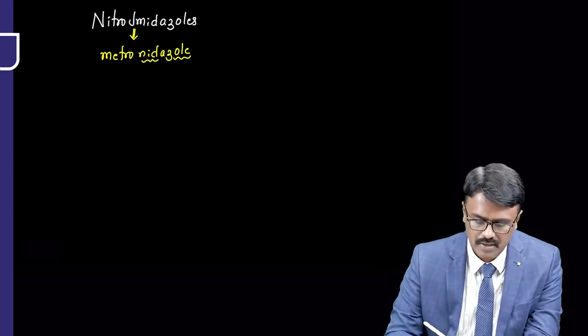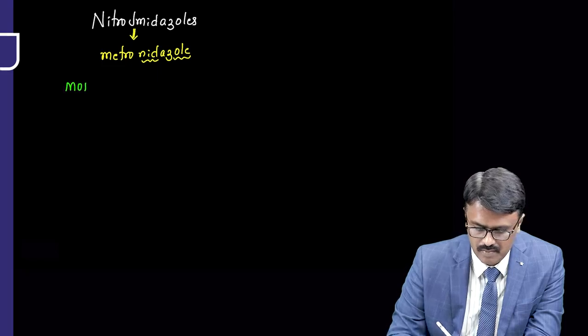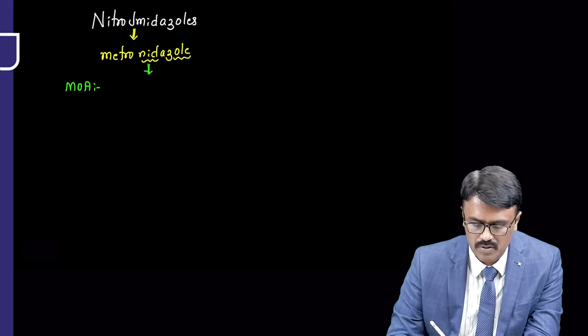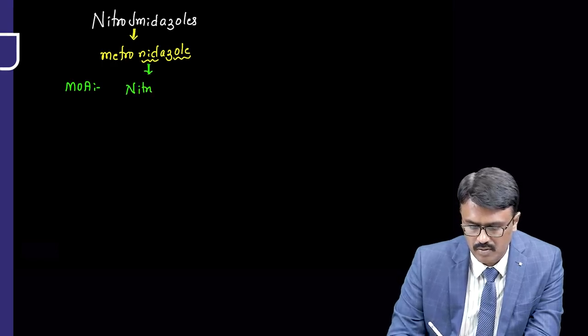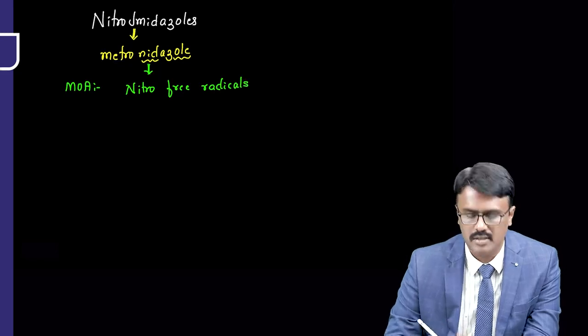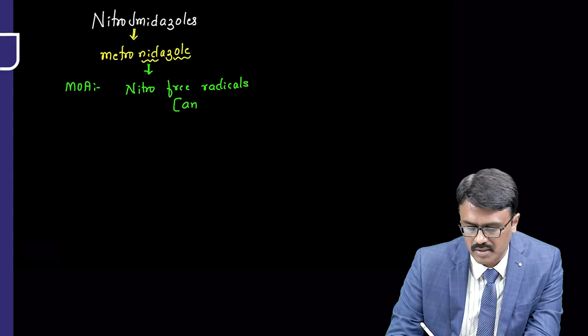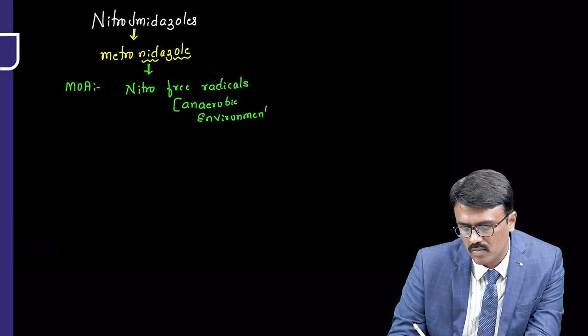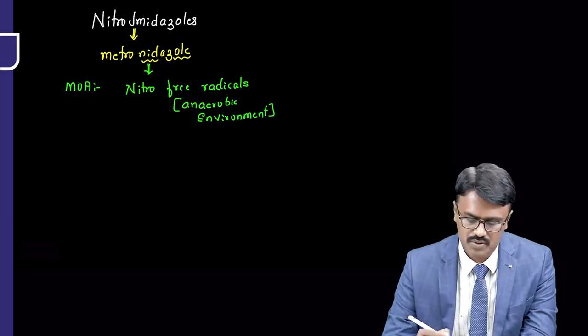So what is the mechanism of action? How do they work? When we use metronidazole, it produces nitro-free radicals. Now these nitro-free radicals are generated in an anaerobic environment, and that's why it is more effective in treating anaerobes.